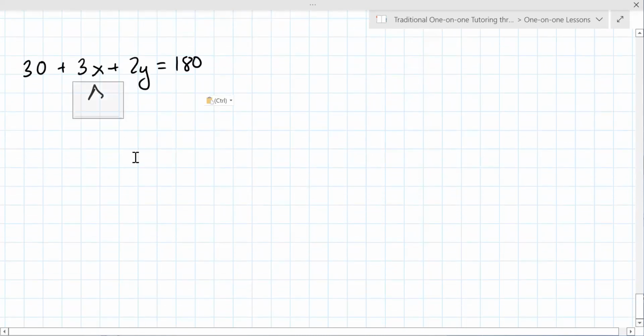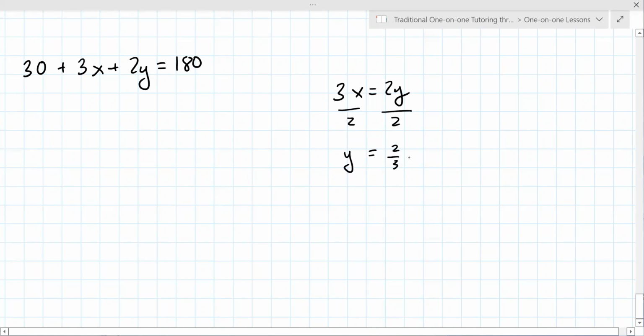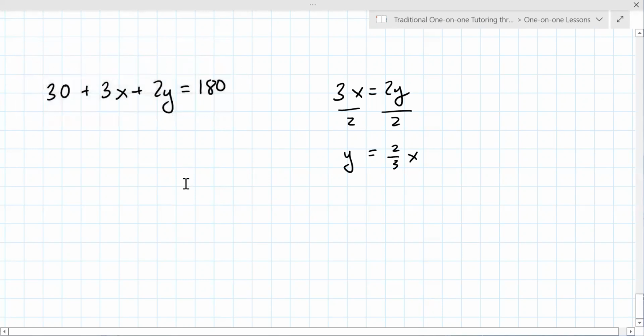So it was 3x equals 2y. Let's just solve this for y. Divide both sides by 2 and y equals 2/3 x. That's not great, but that's what we're used to doing.